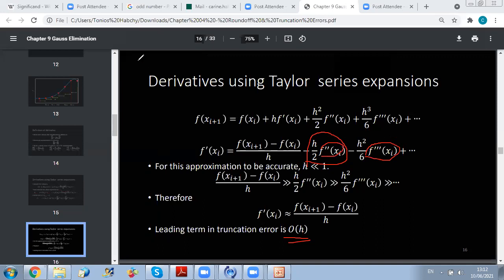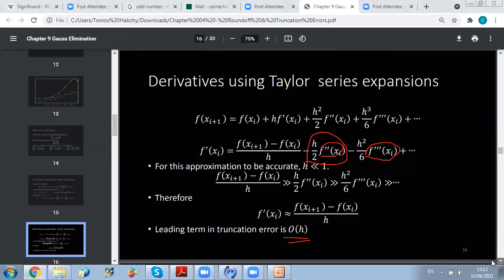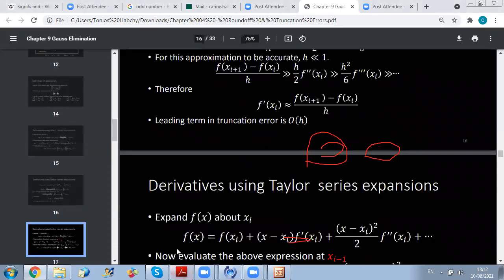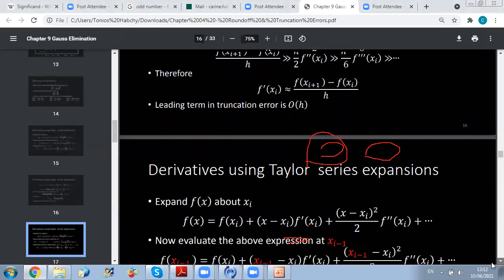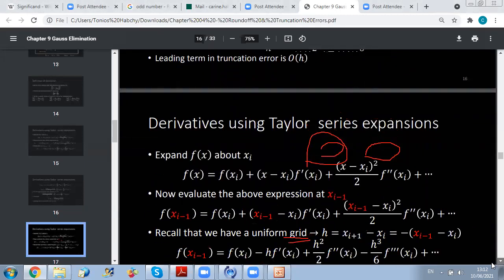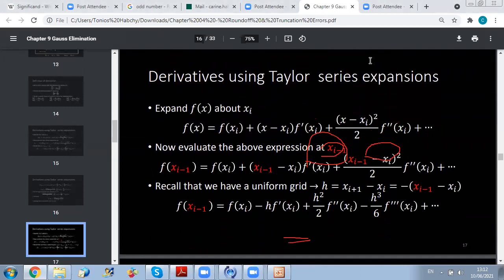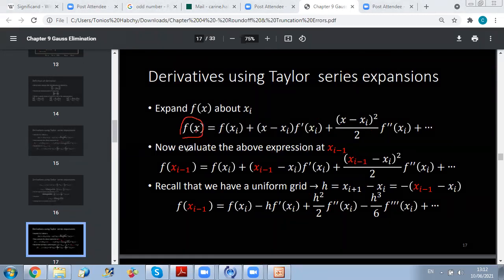Okay, now I will do the same procedure to derive the expression of the backward derivative. So when I use the concept of backward scheme, I will use the same approach, but now instead of taking f(x+1), I will take f(x minus 1), in order to get a relation between f(xi-1) and the derivative.